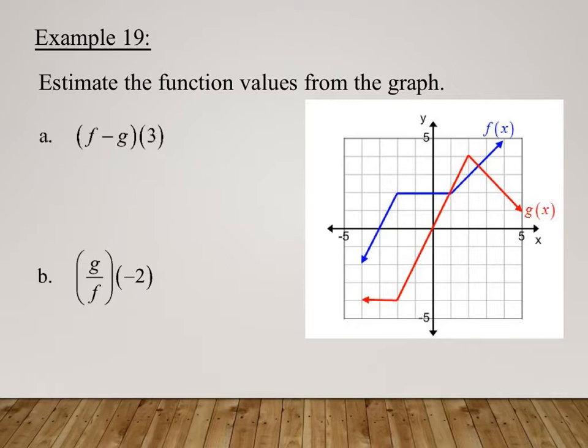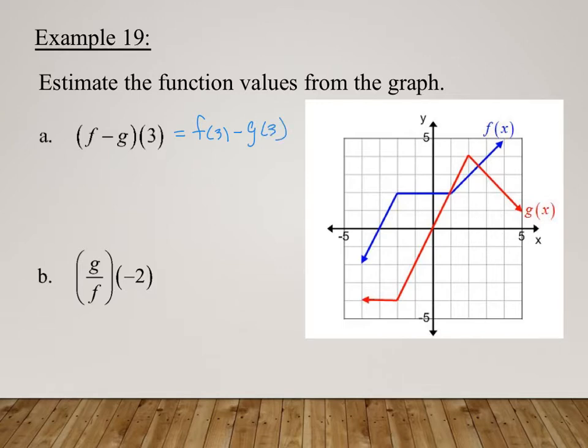Now we're going to go directly from graphs to estimate the values of function operations. In this particular case in part A, we'll get to the graph in just a second, but we're going to do the algebra first. We get f(3) minus g(3), right? And now we go to the function itself.